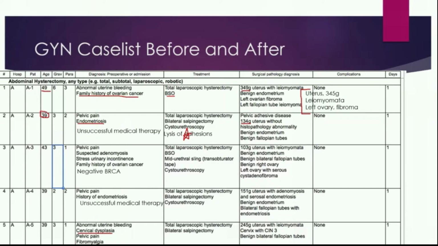Okay, and it says cervix with CIN3. So if I were an examiner, one thing I would be interested in is, did this person have a preoperative LEEP or cone? Absolutely. So that would be my question.